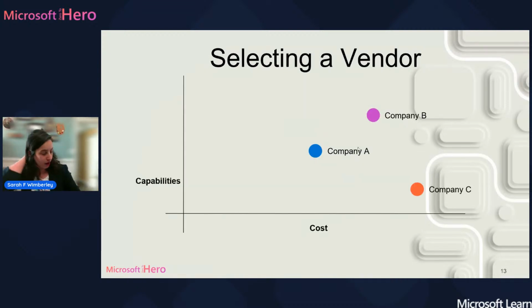So as we move through the conversation of actually selecting a vendor, I mentioned there are numerous vendors in this space today. So this is a very high level, simplistic approach to if you got it down to 3 here.